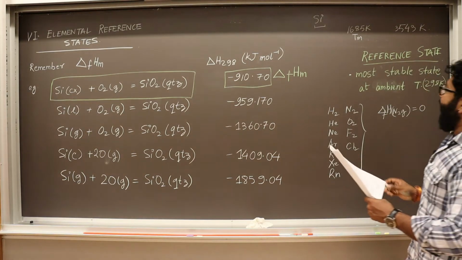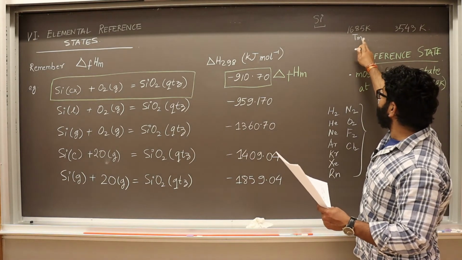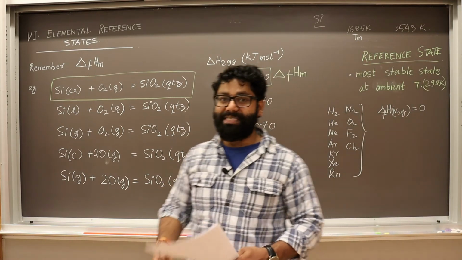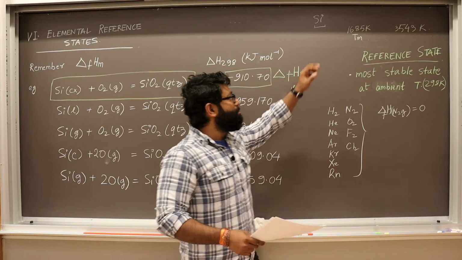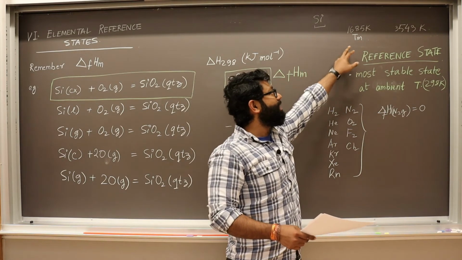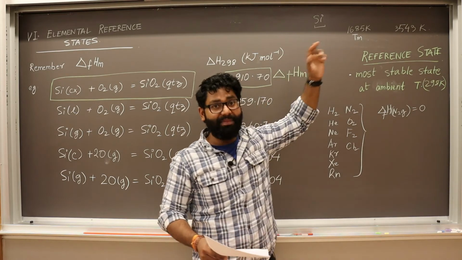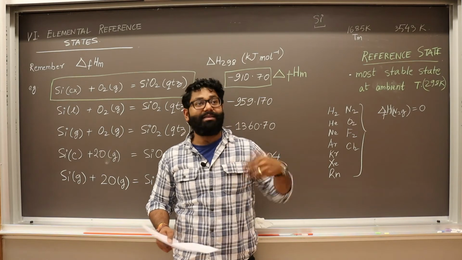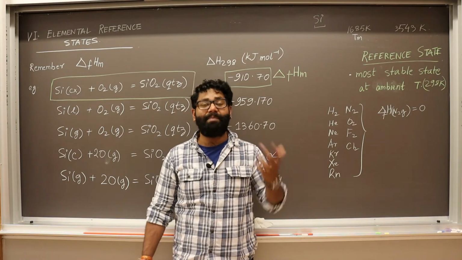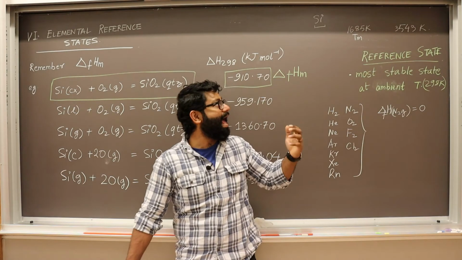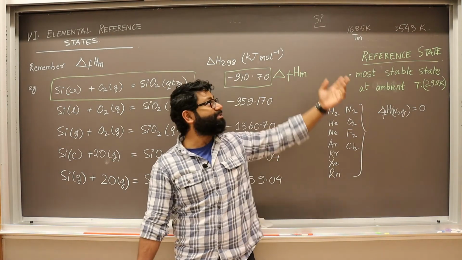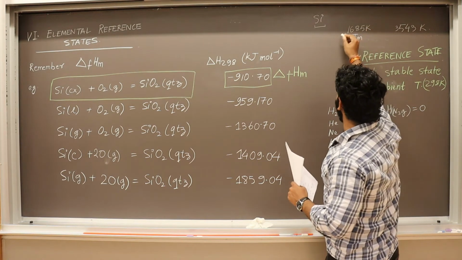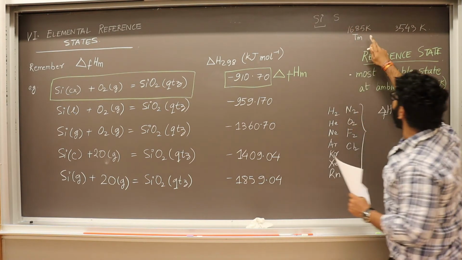So if we want to find out the elemental reference state of silicon, below this temperature, the elemental state will be solid. Okay? So if I'm asking you, what is the elemental state of silicon at 500 Kelvin? The answer is solid, right? So below this temperature, the elemental state is solid.